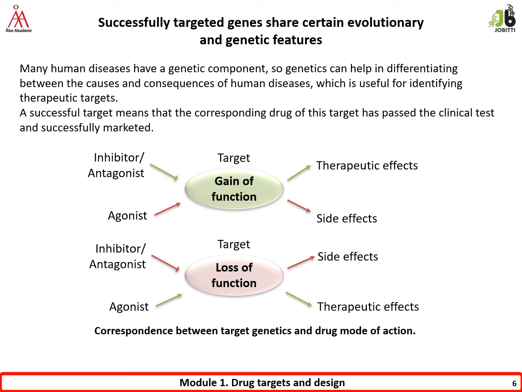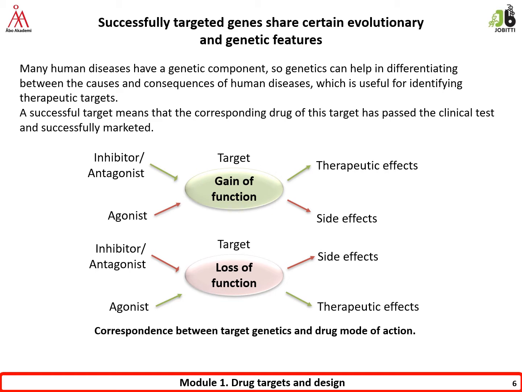Currently available data show that successfully targeted genes share certain evolutionary and genetic features. A successful target means that the corresponding drug of this target has passed the clinical test and successfully marketed. Many human diseases have a genetic component, so genetics can help in differentiating between the causes and consequences of human diseases, which is useful for identifying therapeutic targets.